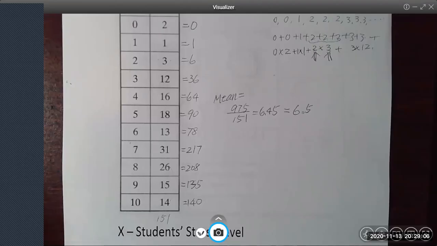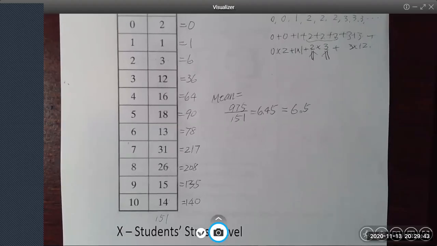Okay. Oh, 975 is correct. I believe we're right. Yeah, 6.4569, that's exactly correct. Okay, so we finished this calculation of the mean.